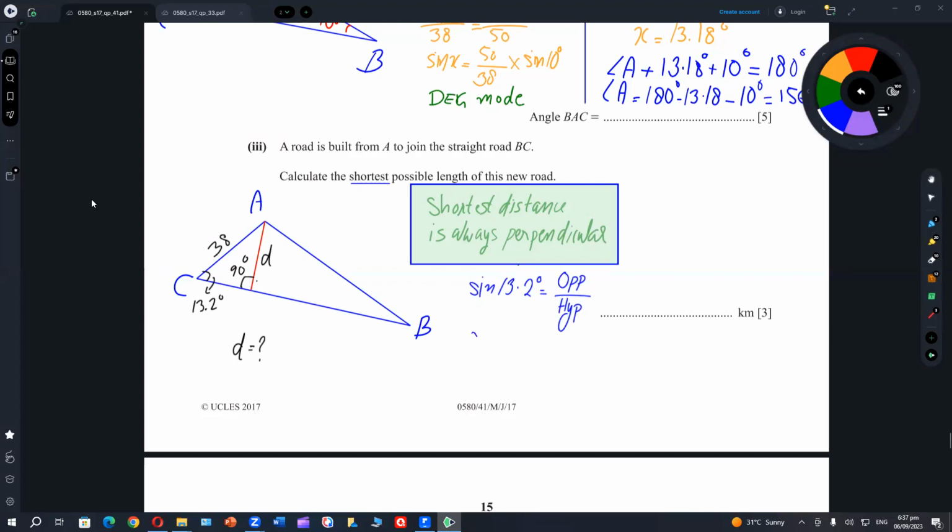Sine. So now copy this working. For right angle, it's always sine, cos, and tan. There are three properties for every right angle triangle. So how do you know that you're supposed to use sine? What is sine? Look at the property. Sine is opposite upon hypotenuse.